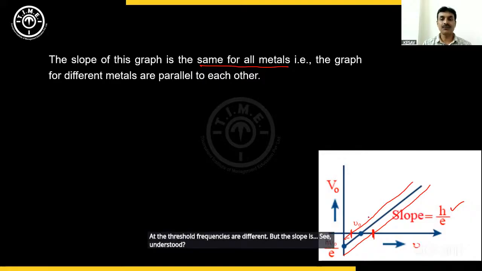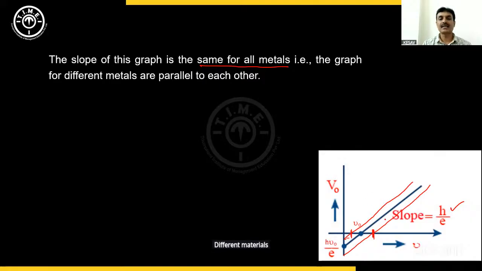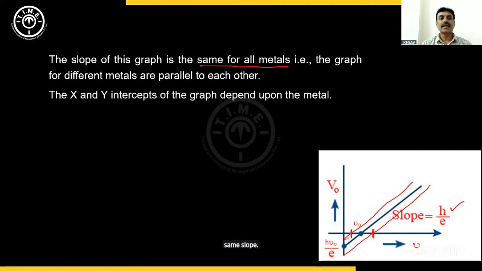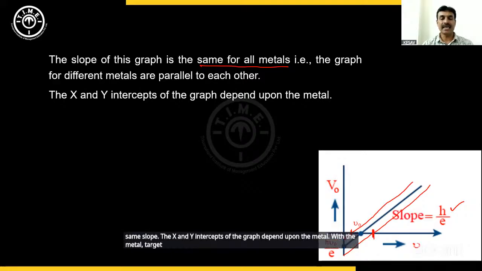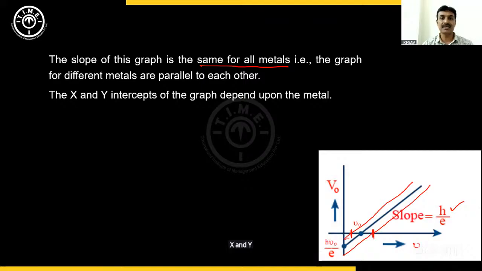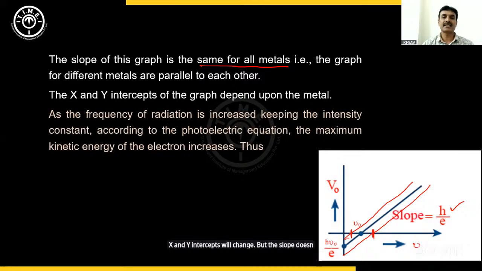Understood? Different materials will have graphs like this, but all these graphs have the same slope. X and y intercepts of the graph depend upon the target metal, the nature of the material, but the slope doesn't change.